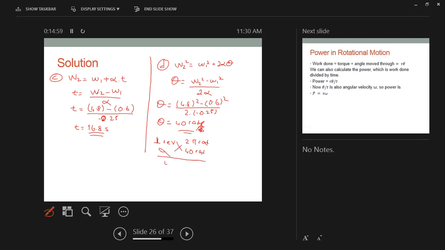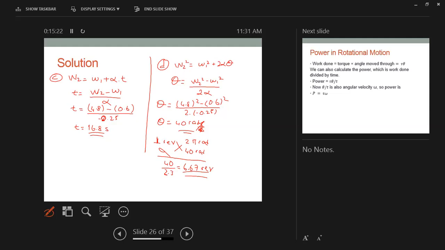So it's going to be 40 over 2 times 3, which is 40 over 6. When you divide 40 by 6, it's going to be 6.67 revolutions. So the object will cover 6.67 revolutions with this angular velocity and acceleration.